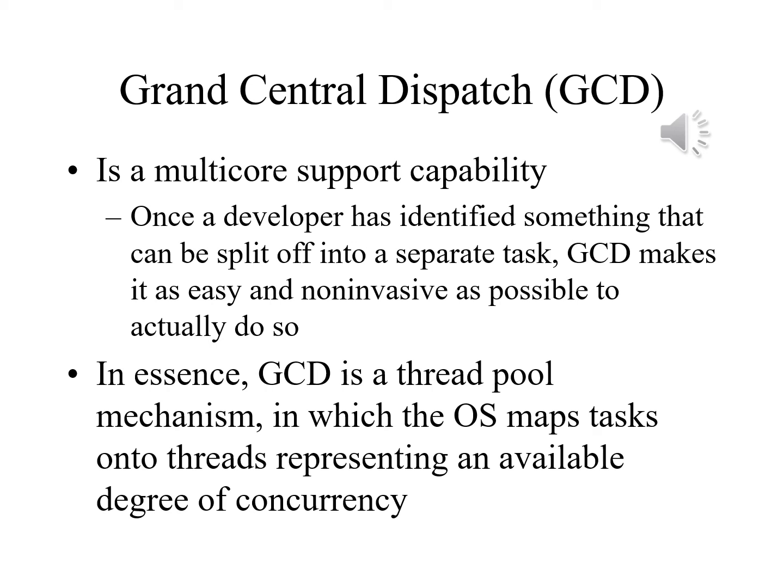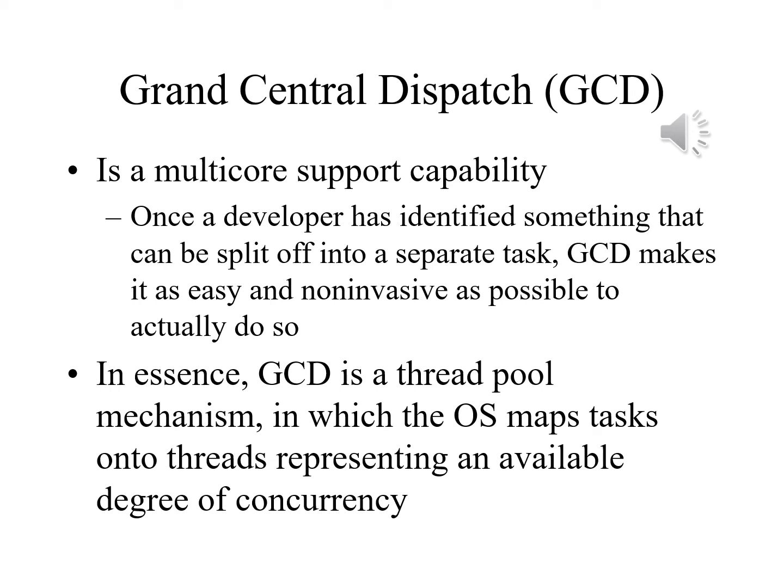But once a developer has identified something that can be split off into a separate task, GCD makes it as easy and non-invasive as possible to actually do so. In essence, GCD is a thread pool mechanism in which the operating system maps tasks onto threads representing an available degree of concurrency, plus threads for blocking on I/O.